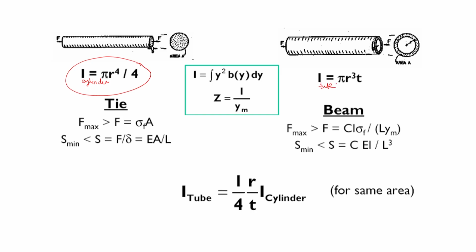So, if I try to see, the I cylinder has a different area moment of inertia in comparison to the I tube, and in fact, the ratio between the two will be something like 1/4 R by T, I tube over I cylinder, for the same area.